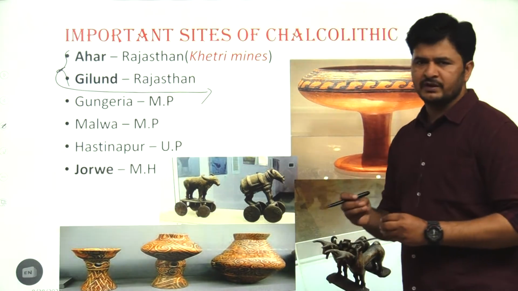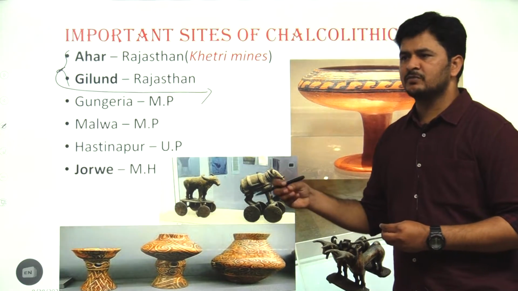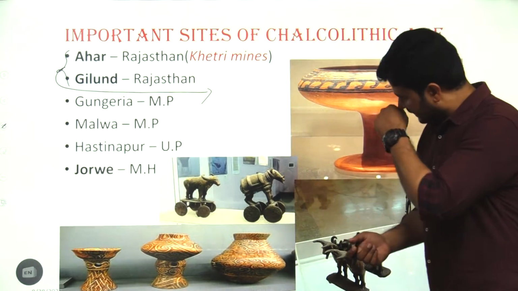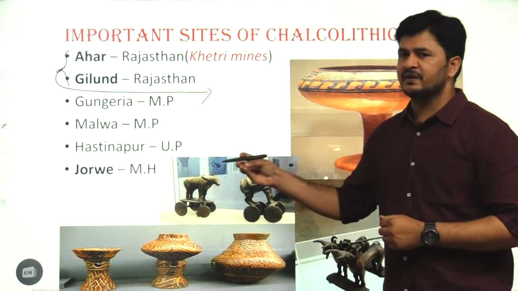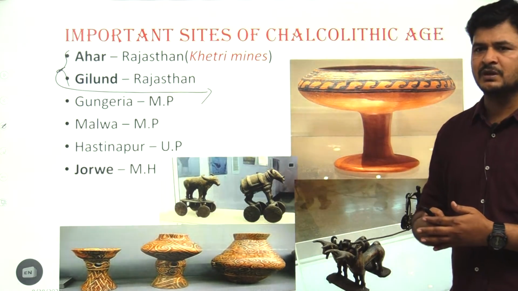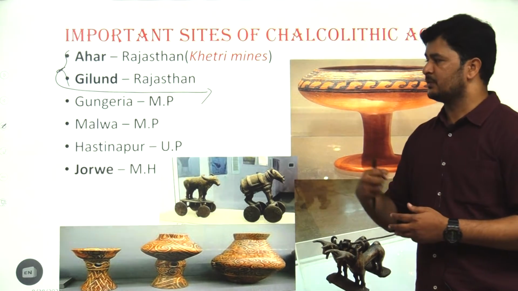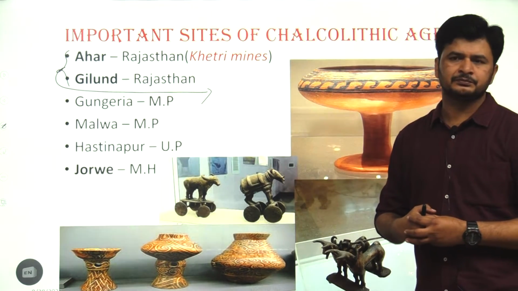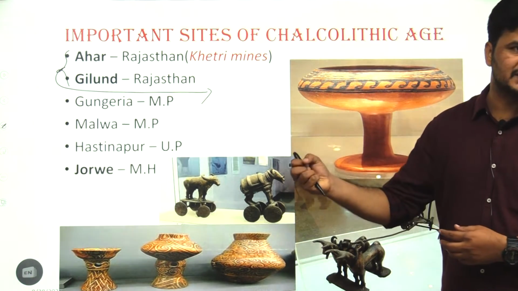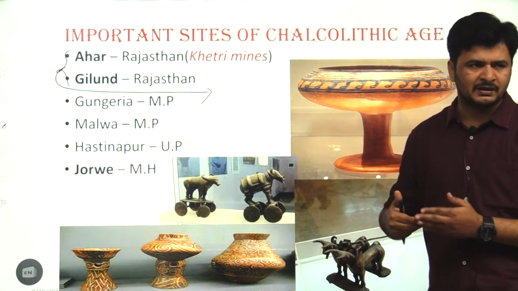Whenever you come across sites, understand that the sites are named after modern villages, right? We have learnt in the previous session, inscriptions are named after the places from where they were discovered. For example, Aihole inscription, Allahabad inscription, Nasik inscription. Apply the same towards battles. Battles are also named after the places where they were fought: Battle of Plassey, Battle of Buxar, Battle of Panipat.